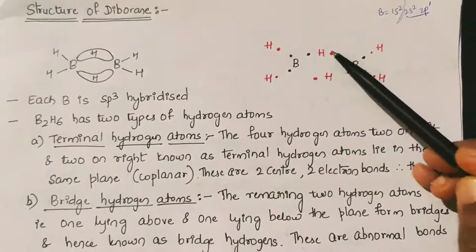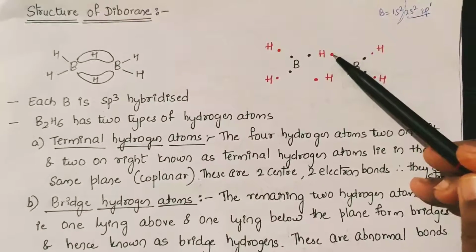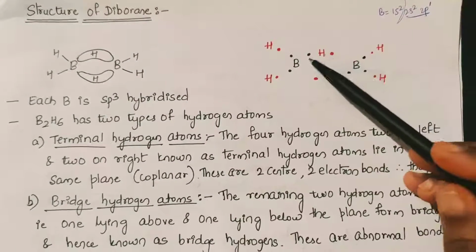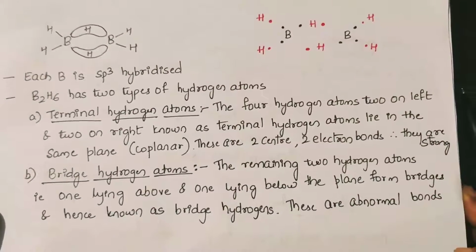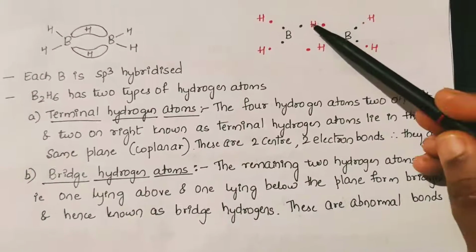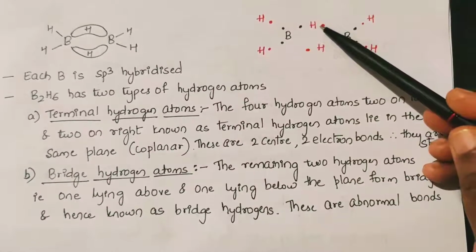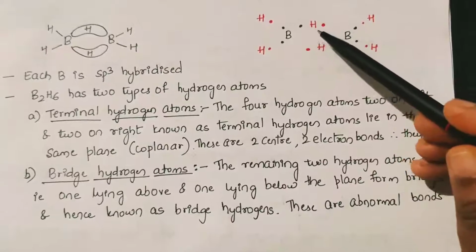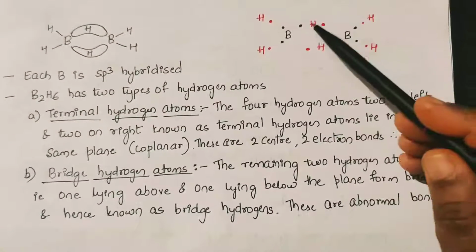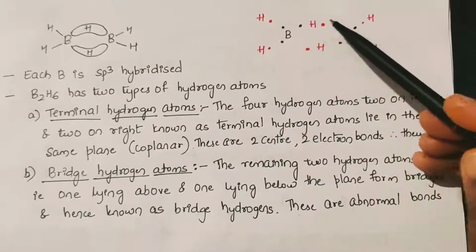Hydrogen will give 1 electron, right? So the bridge involves 1 electron from the boron atom and 1 electron from the hydrogen atom. So it is forming a bond consisting of 3 centers: boron, hydrogen, boron.